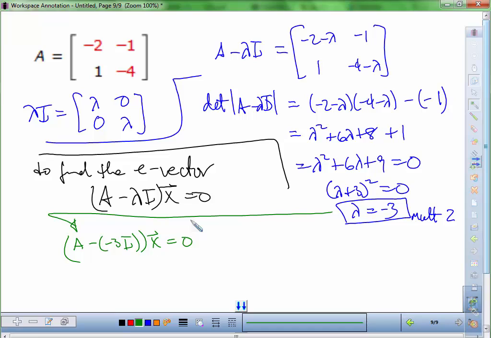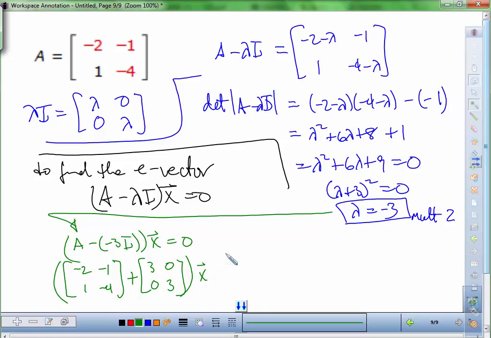Now, how's that going to look? We have the matrix -2, -1, 1, and -4. That's A. And I might as well just add this. This would be a plus, and then 3I is going to be 3, 0, 0, 3, times x is equal to 0.